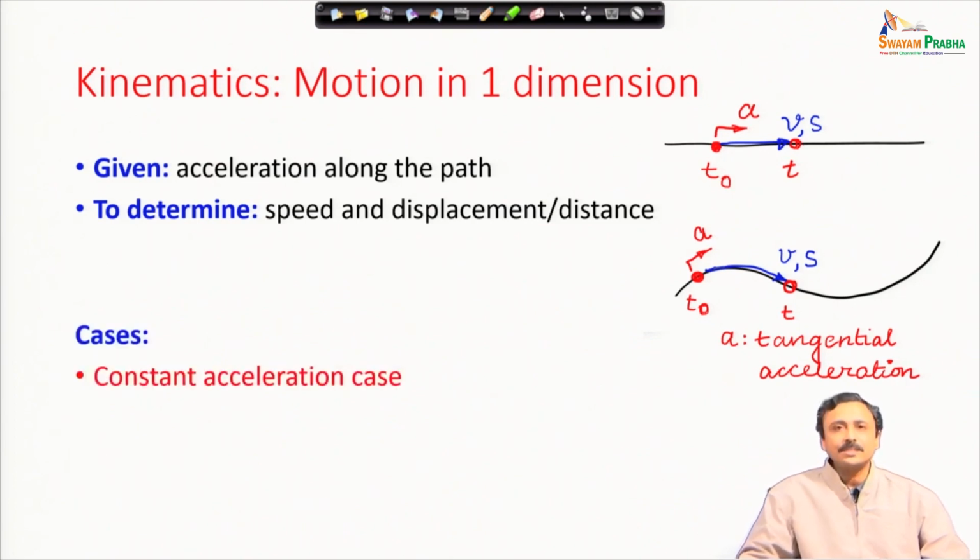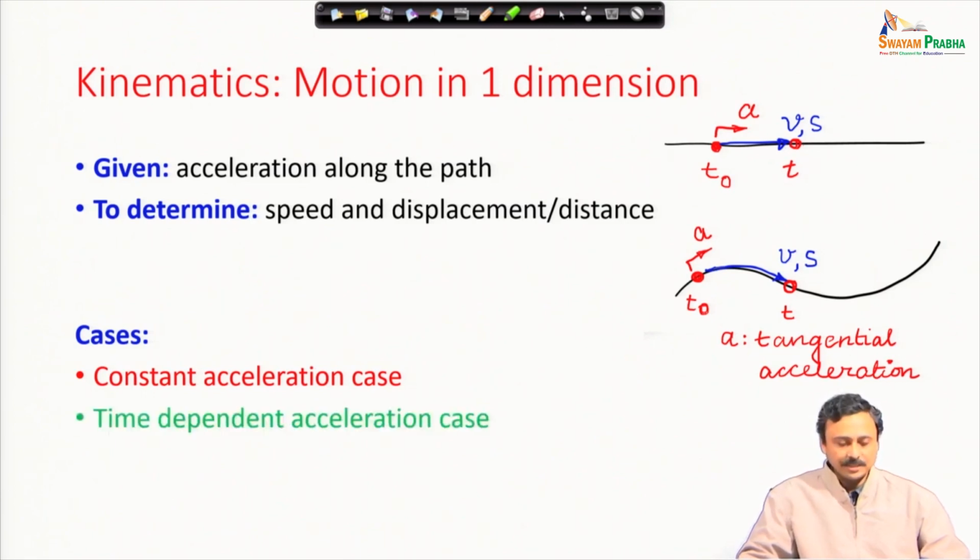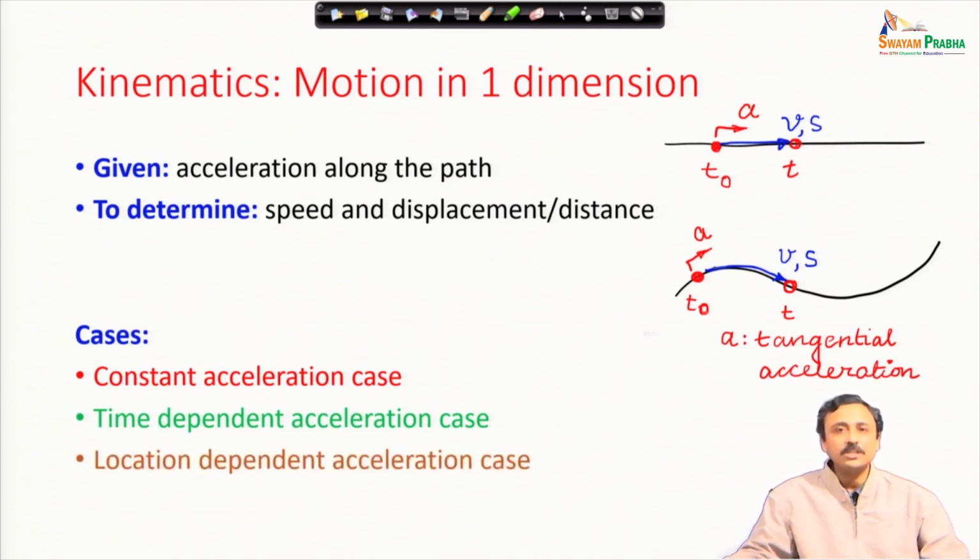Now, we are going to look at some cases which you have seen right from school. First case is the constant acceleration case, the simplest, then the time dependent acceleration case, and the location or the distance dependent acceleration case.